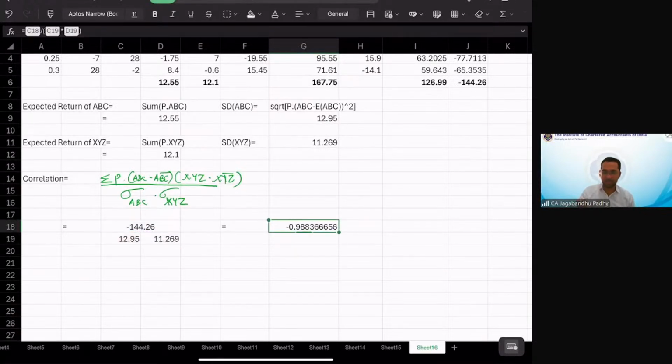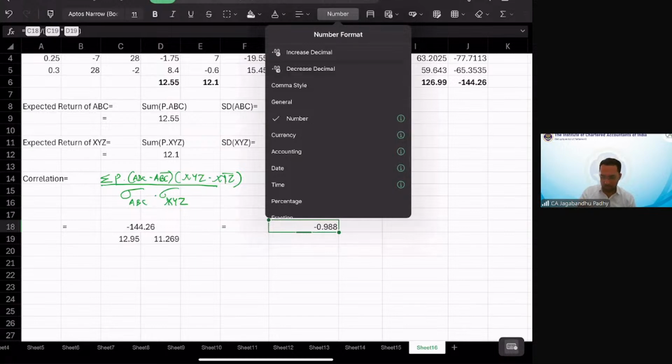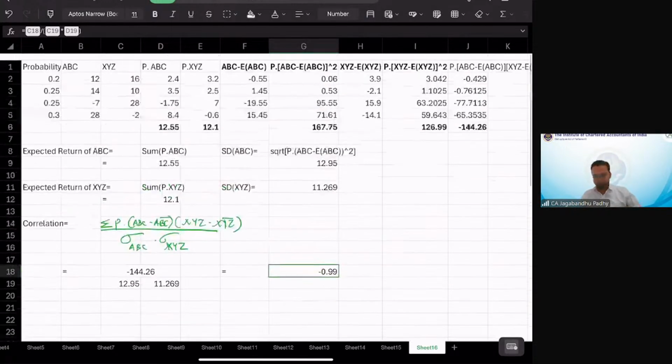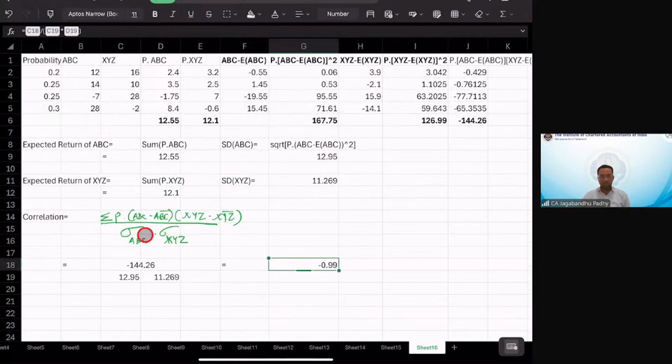So we get a negative correlation of minus 0.99. That's the correlation between the two securities ABC and XYZ, which gives us a correlation number of minus 0.99. It's almost minus 1.